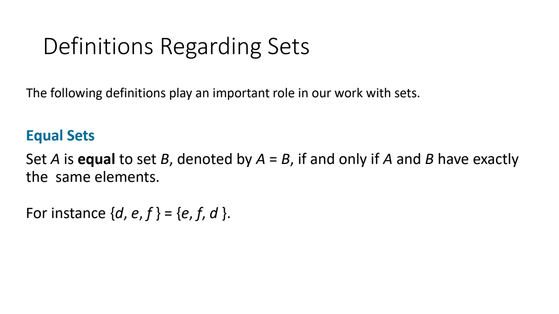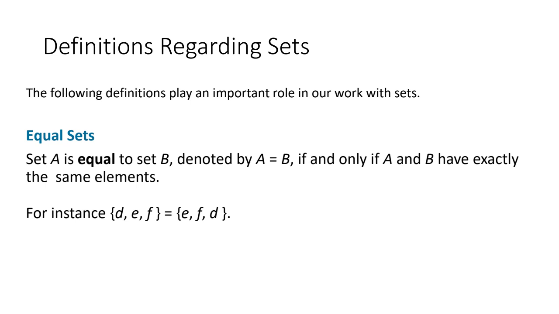Okay, so another definition: how do we know if 2 sets are equal? Well, because sets are determined by their elements, 2 sets will be equal, and I'm going to write down A equals B, if and only if A and B have exactly the same elements. So they need to have exactly the same objects in both of them.